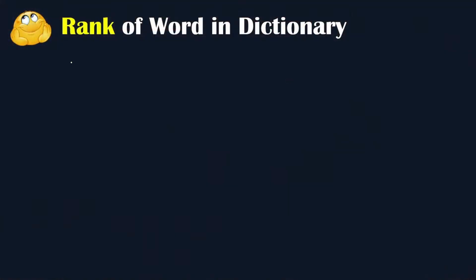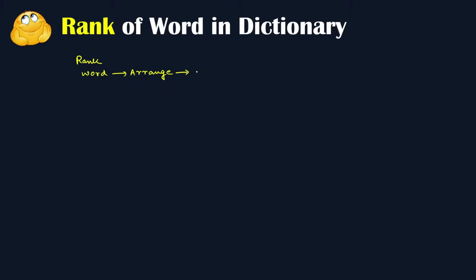Before that, let me just write it. So what is rank? Whenever any word is given to us, you arrange all those words in all possible manners, and then you put all those words in a dictionary. We all know that in a dictionary, all the words come in alphabetical order.